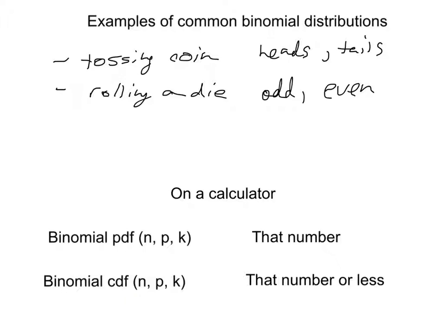The difference between these two is that binomial PDF stands for probability distribution function, and binomial CDF stands for cumulative distribution function. So when you think of the C, cumulative, that means you're adding up, so that's the probability of success of that number or less. And for PDF, it's just that number. N is going to be the number of trials, P is the probability, and K is the number of successes.